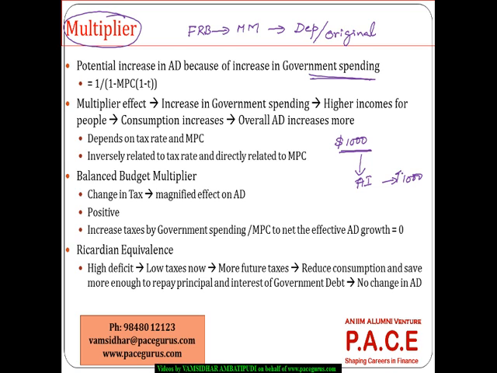Additional individuals' income is increased by 1,000. So let's say they are paying a tax of 20%. So it's as good as their additional income has gone up by 800. 20%, let's say they have paid the tax. So the income has gone up.